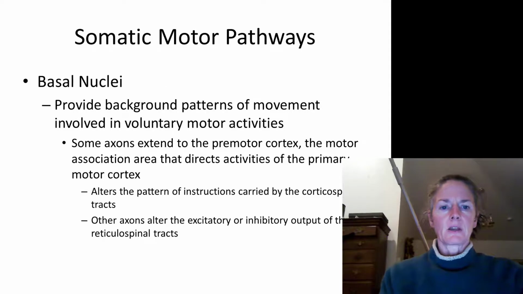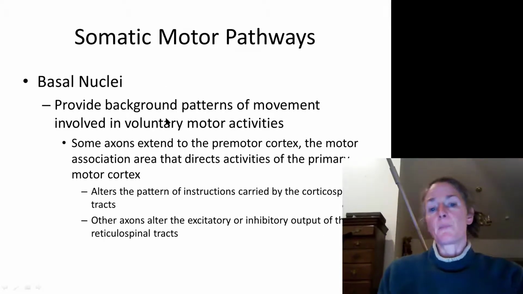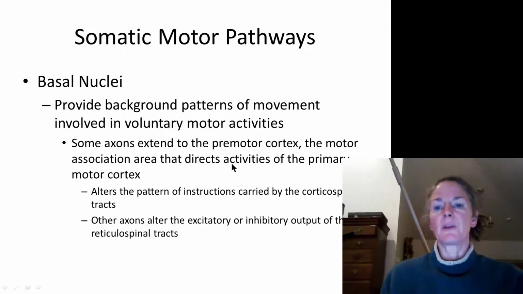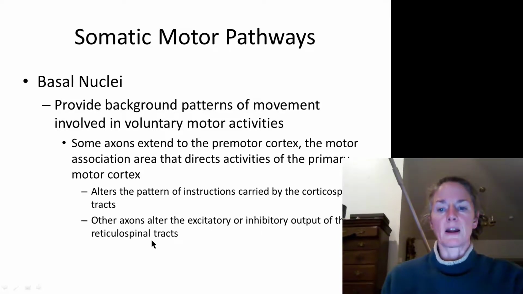All right, as we've said, the basal nuclei provide the background patterns of movement involved in voluntary motor activities, but they also can control some involuntary activities as well, because as we say, they also have some influence over the upper motor neurons of the reticulospinal tract.